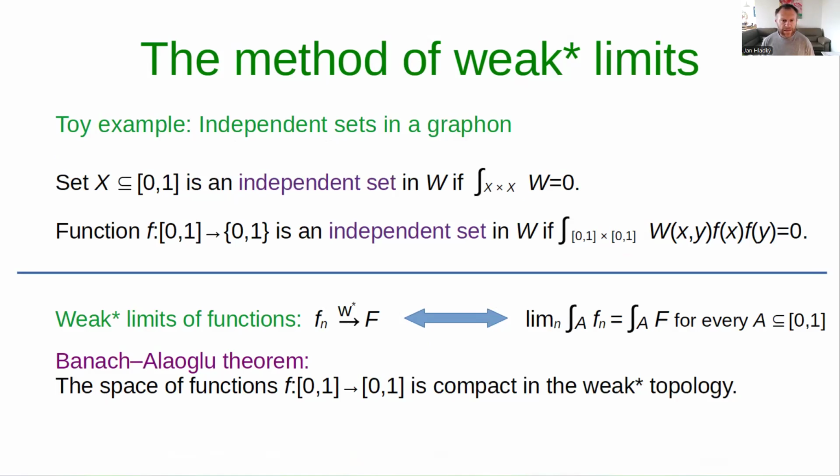This means that every sequence has a subsequence which is weak star convergent. We will be using this Banach-Alaoglu theorem.